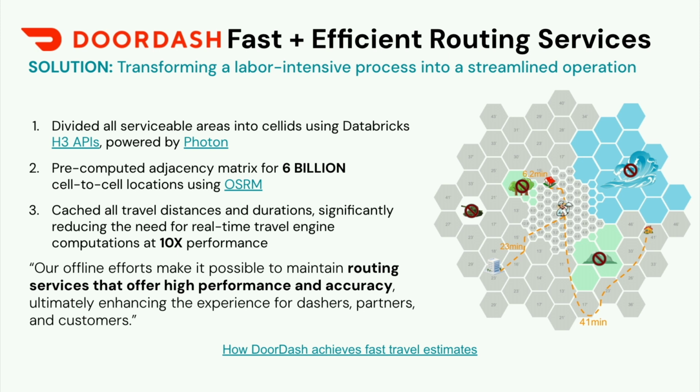So they did a pre-computation at that scale on all data, used OSRM to help them with the routing calculations, and were able to run OSRM on Databricks, which is interesting because you don't have to make as many web calls as you would running it outside of Databricks. They were able to be efficient on that side.